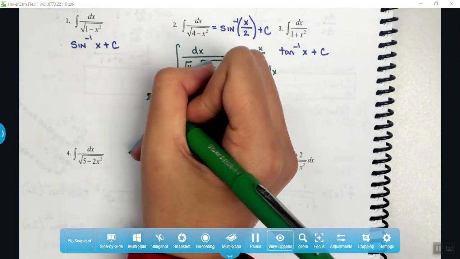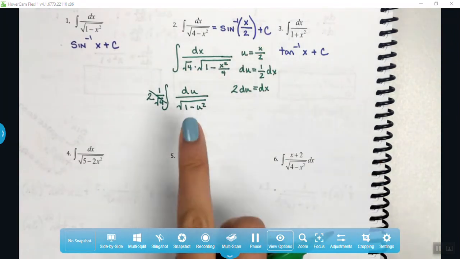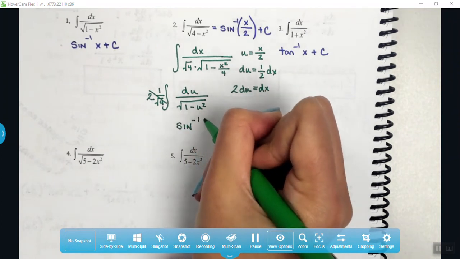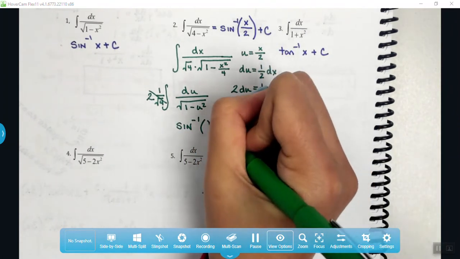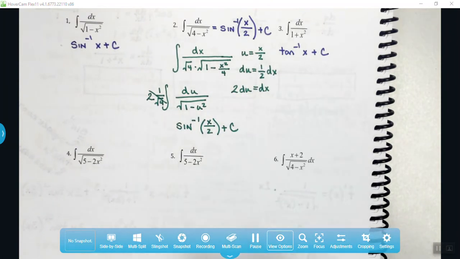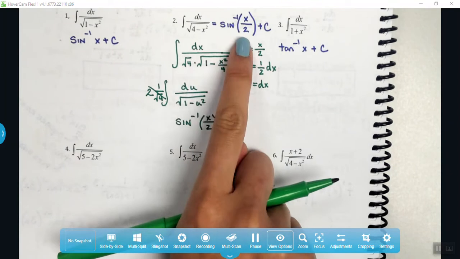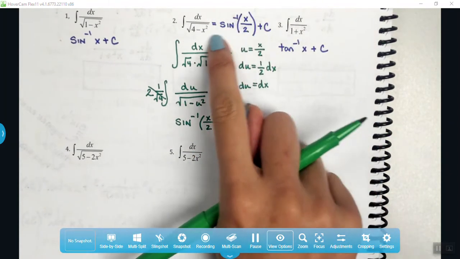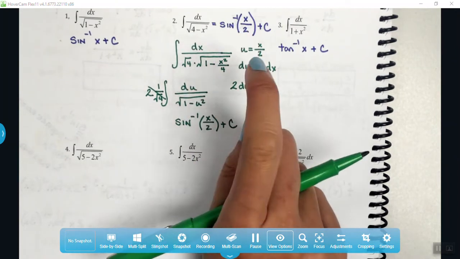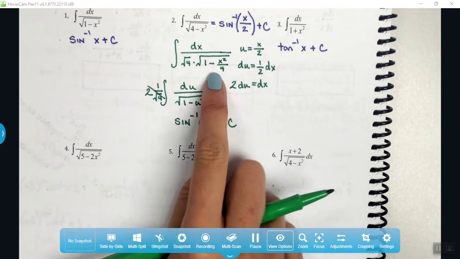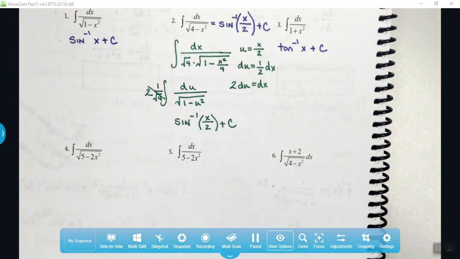They end up canceling each other out, which means that this is just inverse sine of what u was, and u was x over 2, plus c. Do we ever need to do anything? No, if you just want to memorize the formula, then just memorize the formula. But this is mathematically what's happening. I just wanted to tell you.